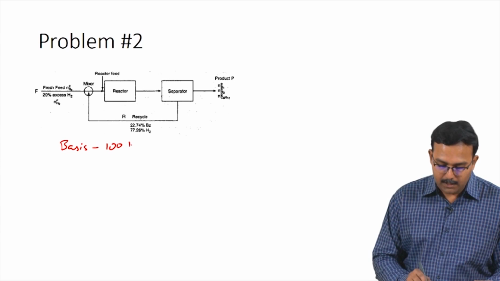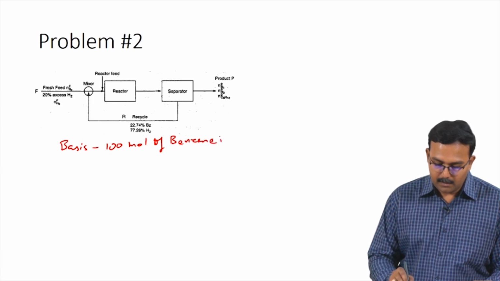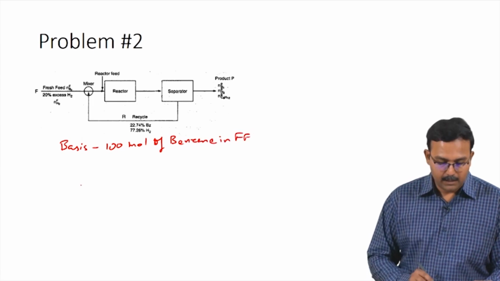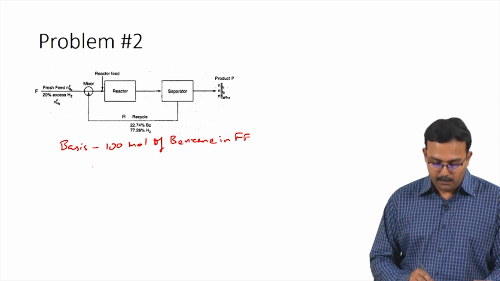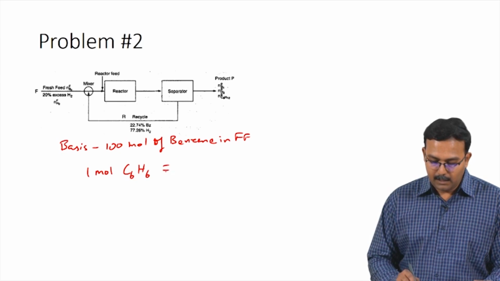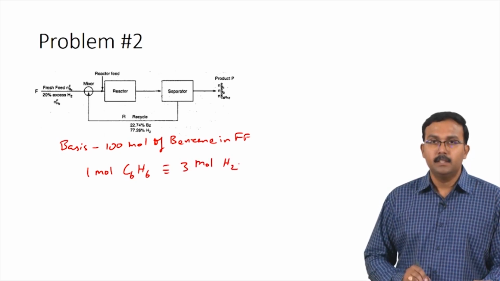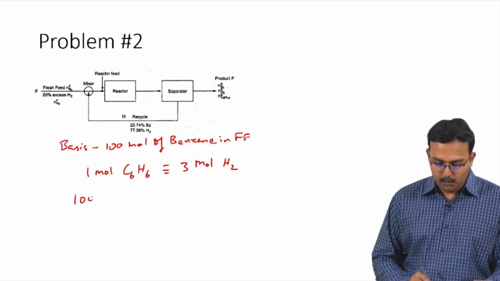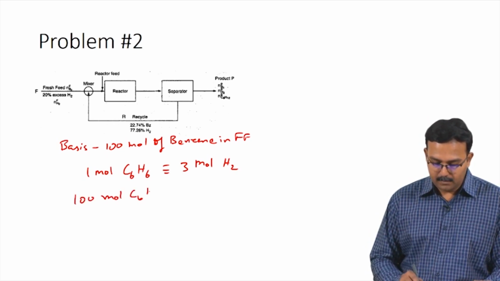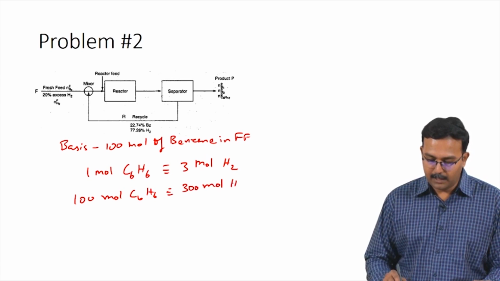Basis is 100 moles of benzene in fresh feed. Looking at the stoichiometry, we know that 1 mole of benzene requires 3 moles of hydrogen. So, 100 moles of benzene would require 300 moles of hydrogen.